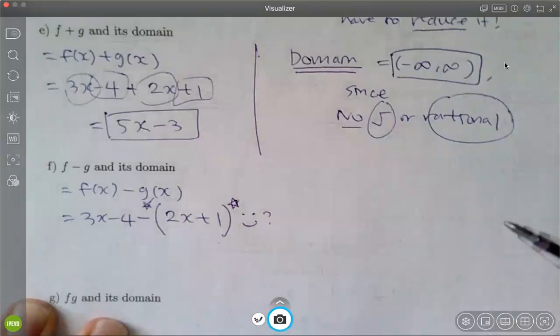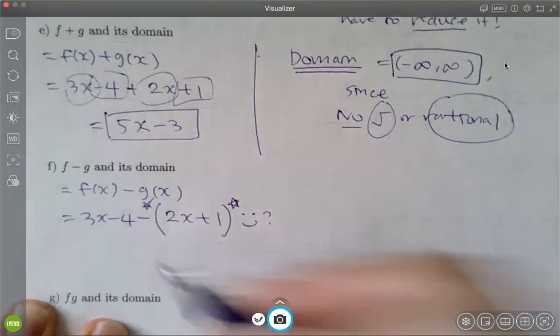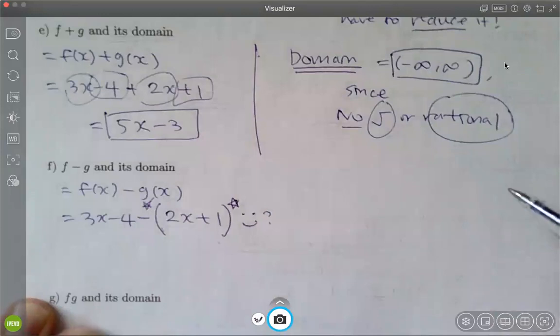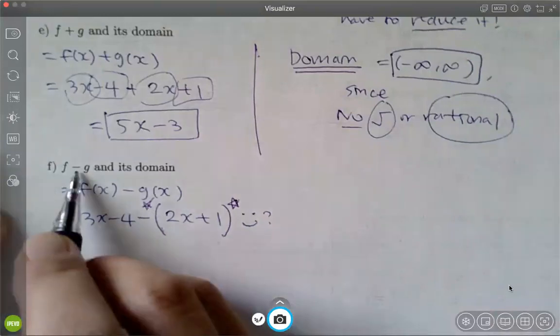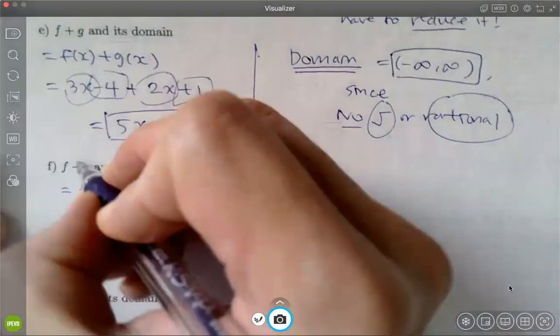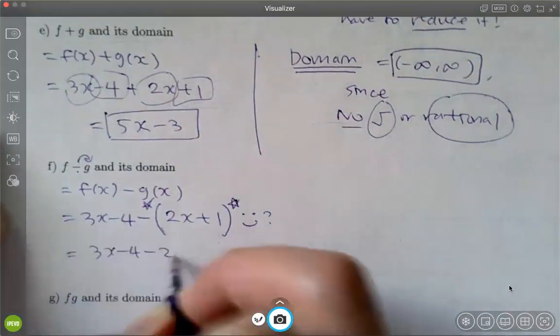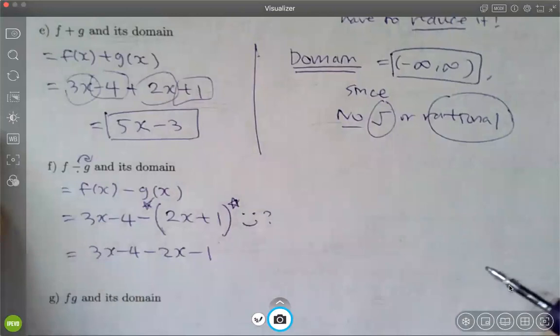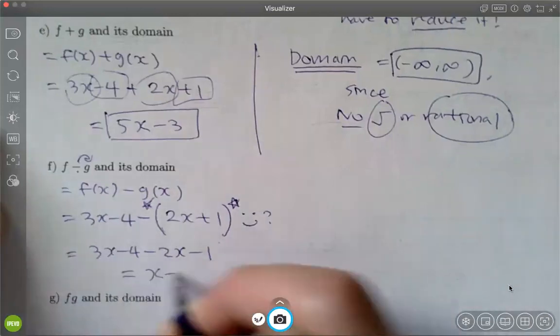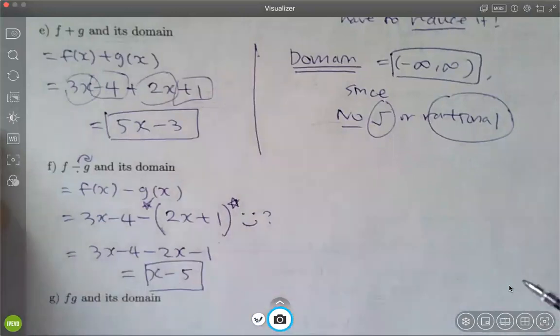But we are not subtracting just 2x from 3x minus 4. We are subtracting the quantity 2x plus 1 from 3x minus 4. So you have to put parentheses, or just make sure whenever you see the subtraction sign, you distribute this negative sign to whatever comes second. So it's 3x minus 4 minus 2x and then minus 1. So what's the answer? x minus 5, right? Not x minus 3.